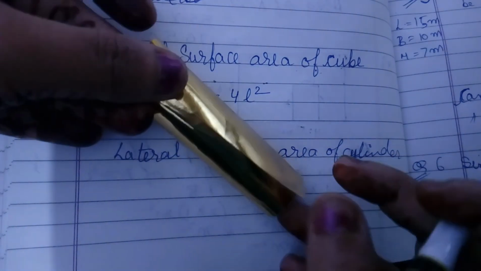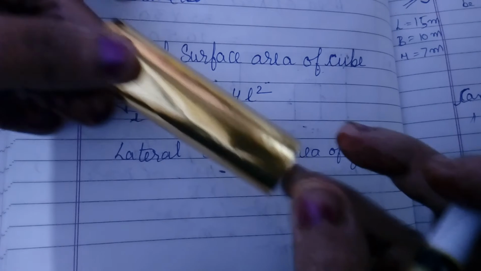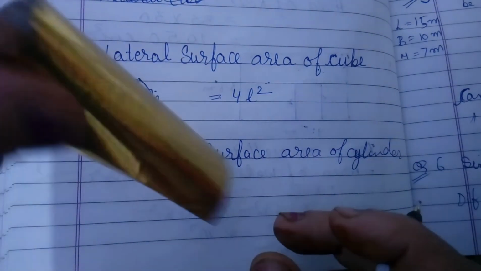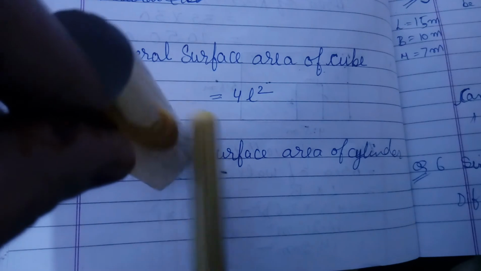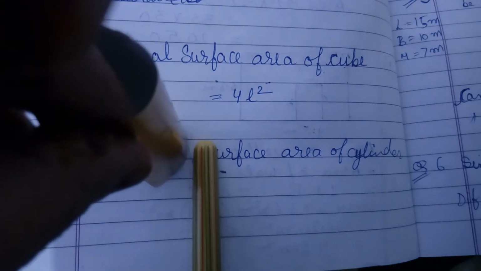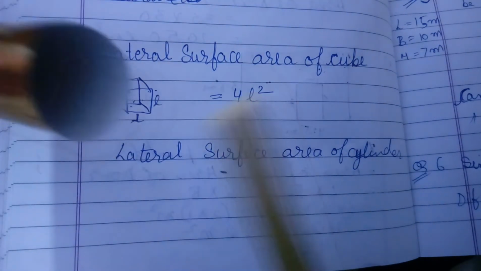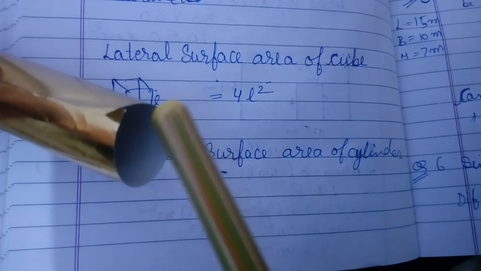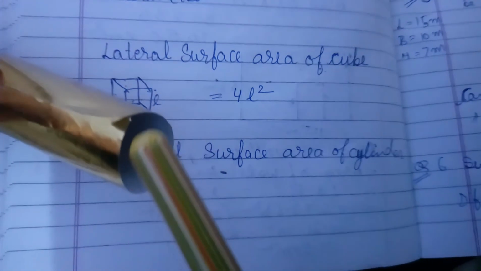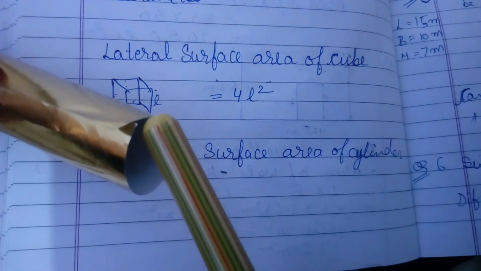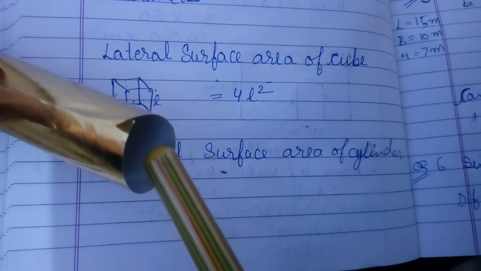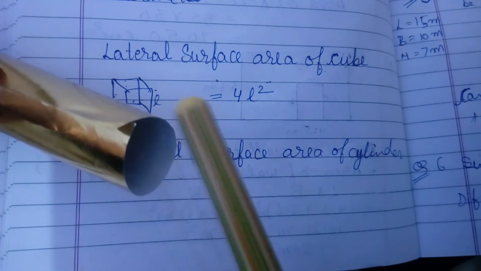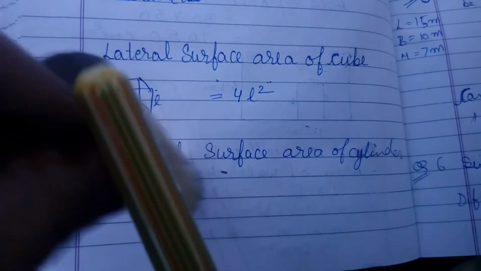Now this is the cylinder. What is this? This is the height of the cylinder. And what is this? This outer boundary of a circle is called the perimeter of the circle. And what is the perimeter of a circle? 2 pi r.